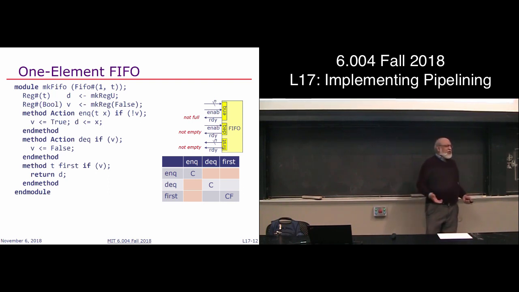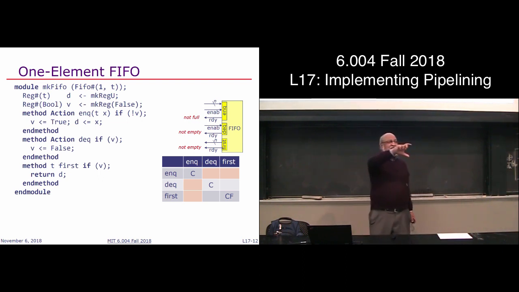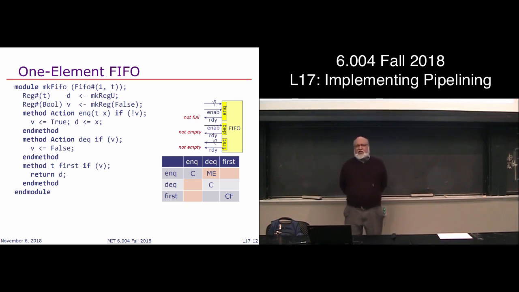Can you do them together? Well, they're never going to be enabled together, right? Because our high-level idea is that unless the ready signals are ready, you can't use a method. So since their ready signals can never be true together, they cannot be called together, ever. So I'll just note it down as mutually exclusive. Until now I had C and CF and less than or greater than, right?